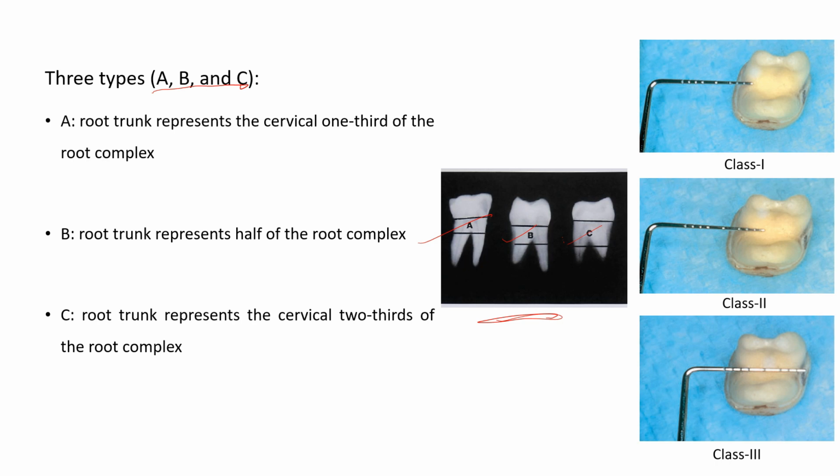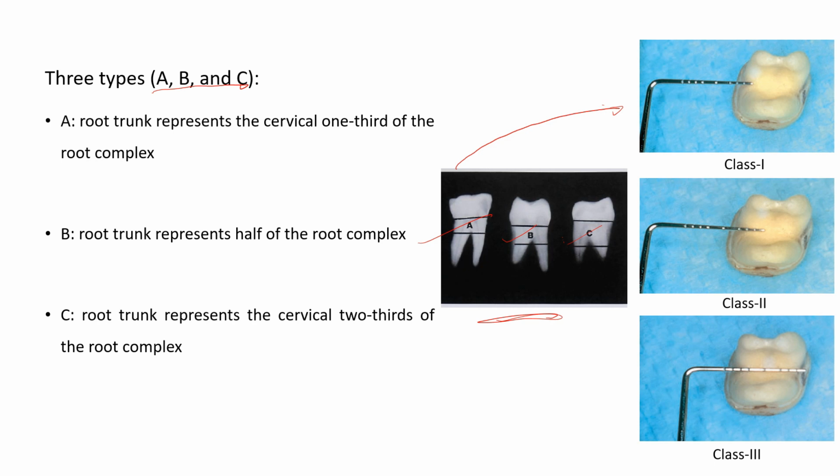Now they have combined these two and made their grades. Like for example, this is type A. If we keep the type A constant, that is, we consider that the root trunk is involved cervically up to 1/3, and horizontal component is less than 1/3 of the tooth width, then it becomes type A class 1.